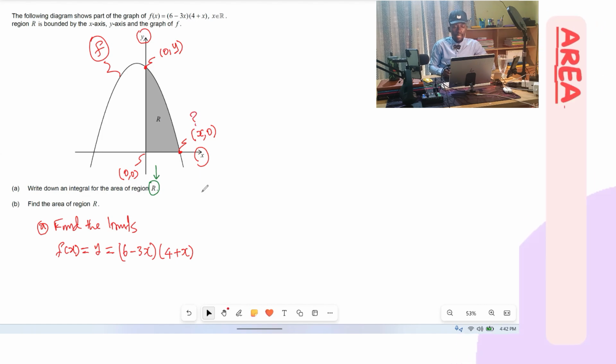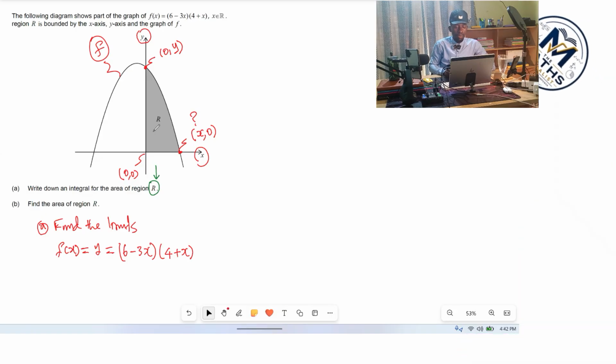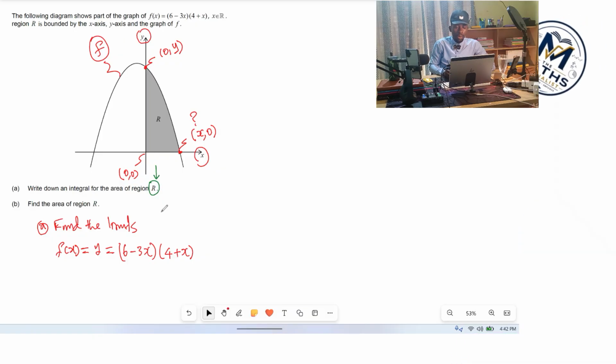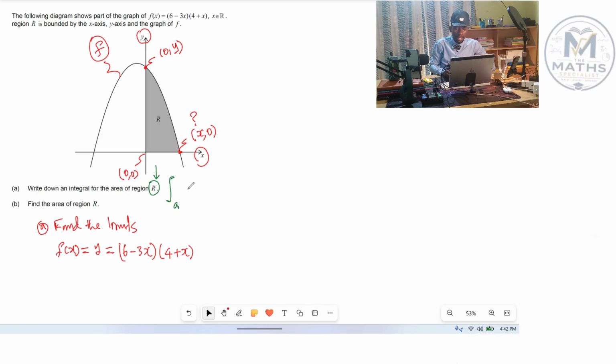From that limit is where we can establish the integral for finding the area under a curve. Why? Because the area is given by the integral from a to b of f of x dx.